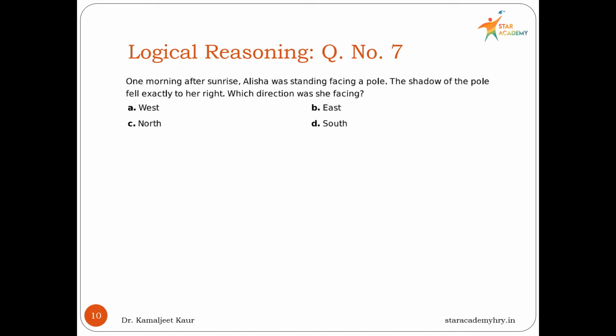So firstly in this type of questions we need to make the directions. We know that this is north, east, south and west. So here the sun rises in the east. That means after sunrise the sun will be here.